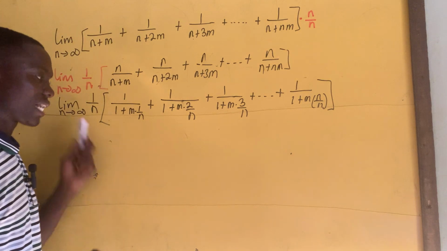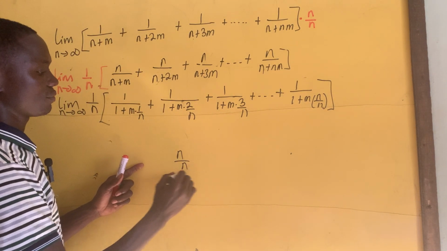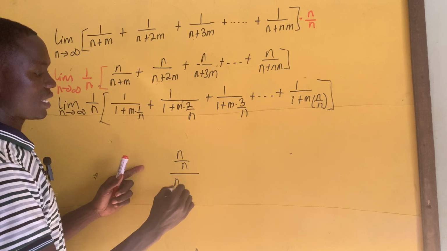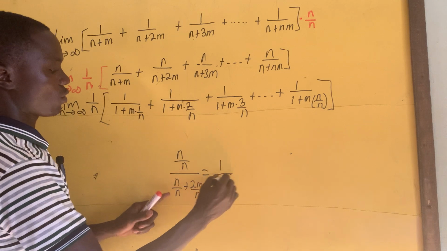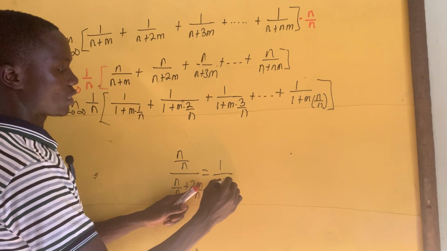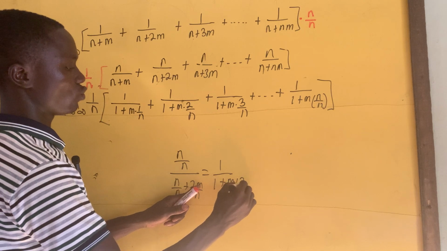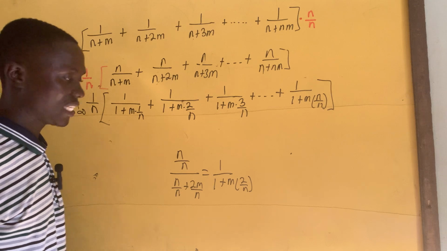Look at how I did here: n plus 2m divided by n. This m is a constant, so I bring m here, then 2 on n. That's what we've done here.